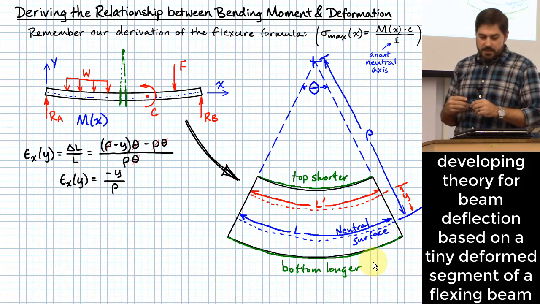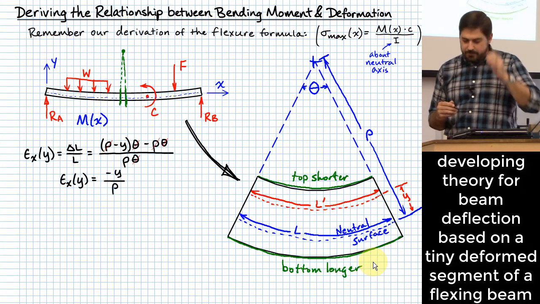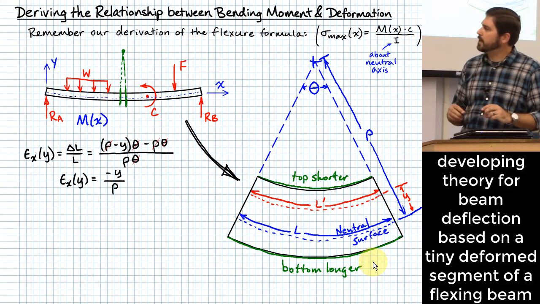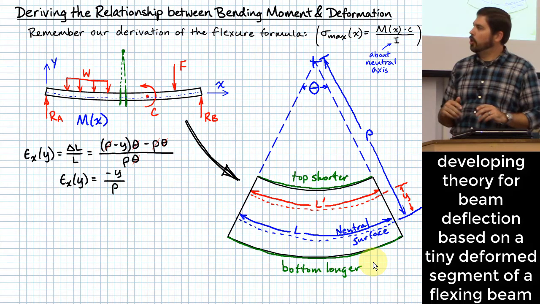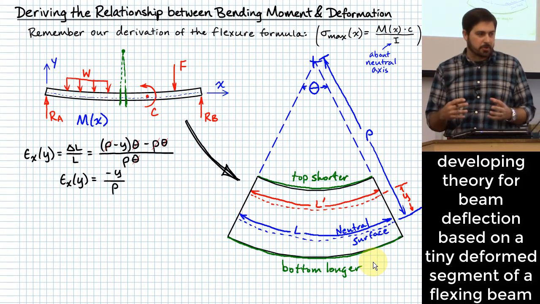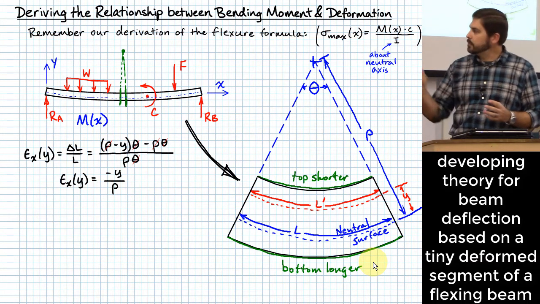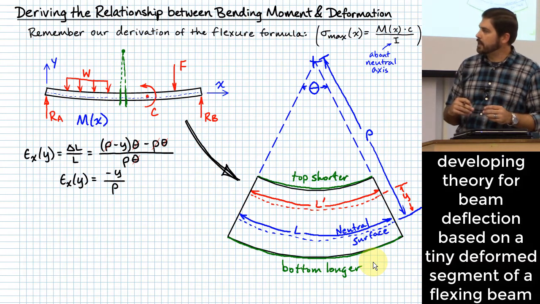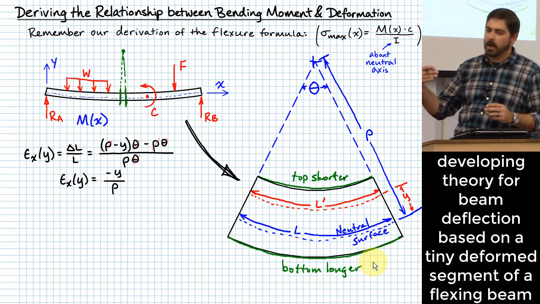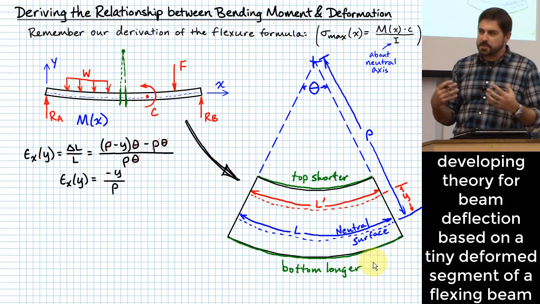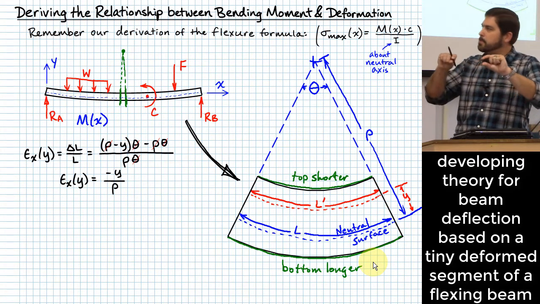So what I'd like to do here, from where we're at right here, is take another expression and ask: was there a particular strand along which we had maximum strain? You might see there we have strain in the x direction as a function of y is minus y over rho. Where was the strand of material that experienced maximum strain?